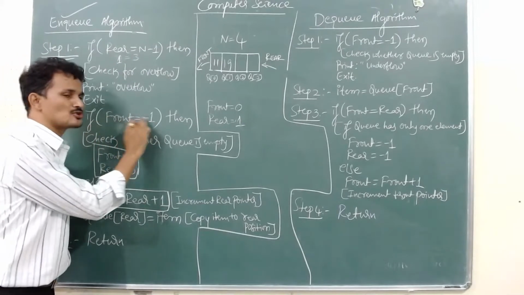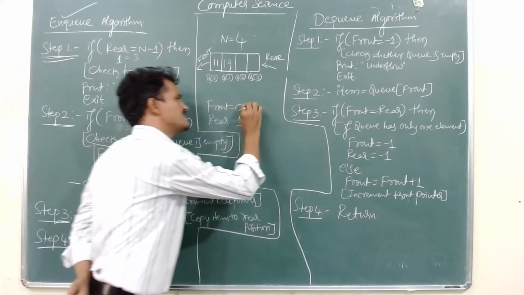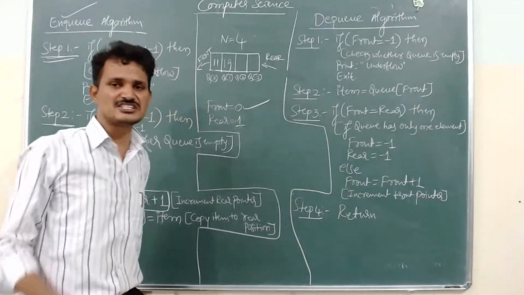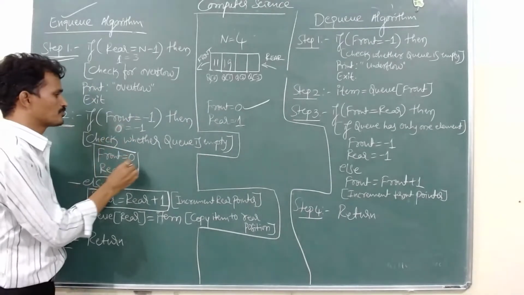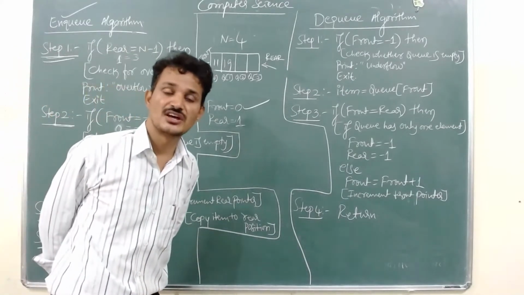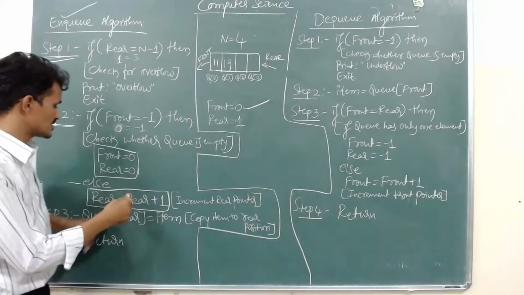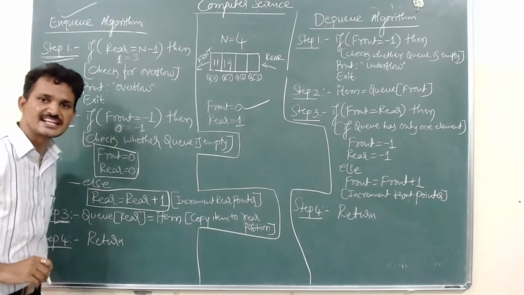If front is equal to minus 1, what is the value of front? Front is constant. It remains 0. Is 0 equal to minus 1? Condition false. Condition false means it executes the else part.